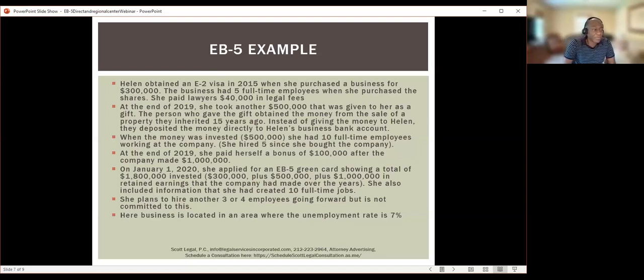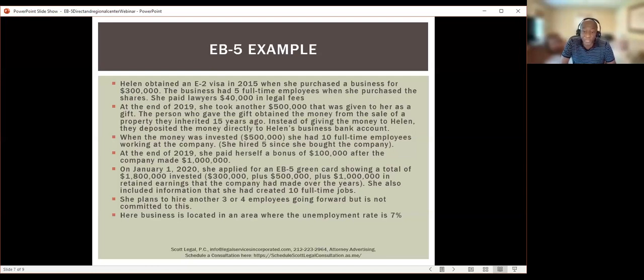So let's talk about this. Let's talk about the last bullet point first. The unemployment rate is 7% where she is, and the unemployment rate right now is very low, like 3-point-something percent. So she is in a TEA, so she would qualify for the lower investment amount. However, what we have to look at is whether she was in a TEA at the time the investment was made.